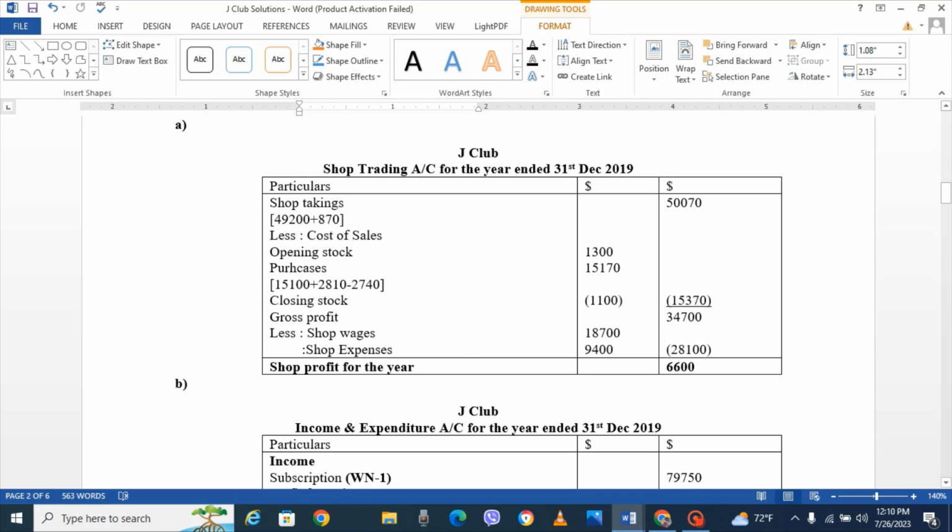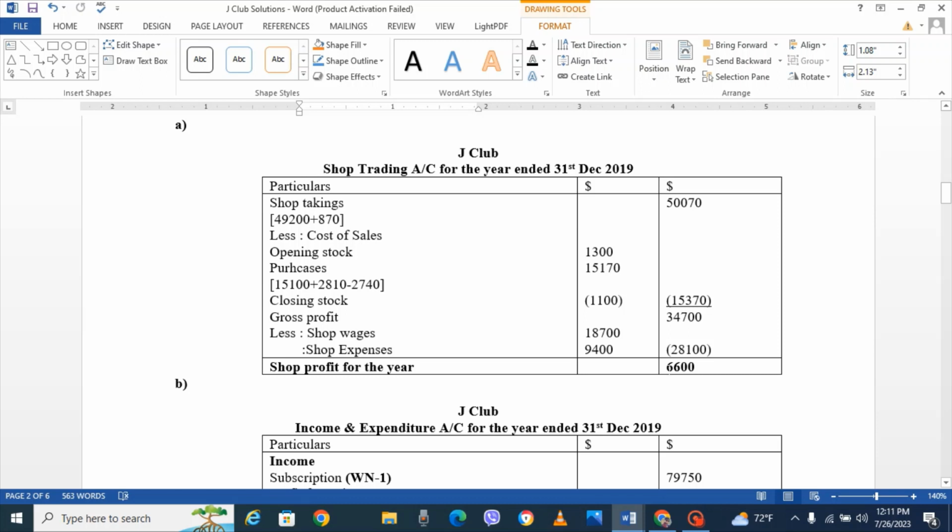So in total 18,700 plus 9,400 comes to $28,100. So if you deduct these 28,100 from 34,700, then the balancing figure, the difference, is actually 6,600. That is the SOP profit for the year.